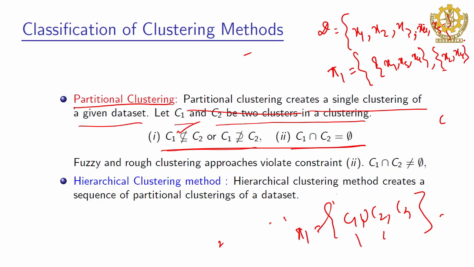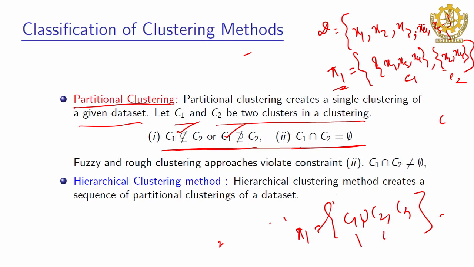So, this is a clustering, and we are getting a single clustering. So, this can be a partitional clustering according to this definition: it creates a single clustering of the data set. Now take C 1 and C 2: there is no subset-superset relationship, this is satisfied, and if you take the intersection it will be null. So, this is an example of partitional clustering.